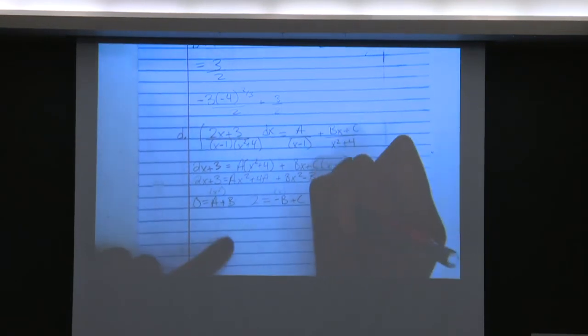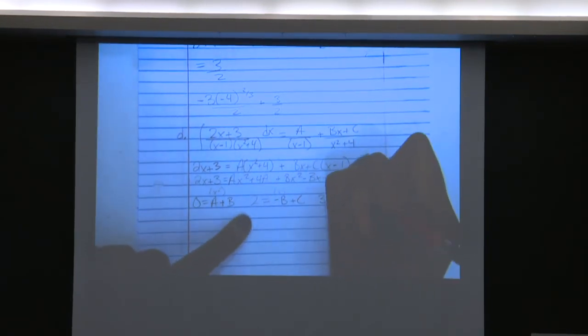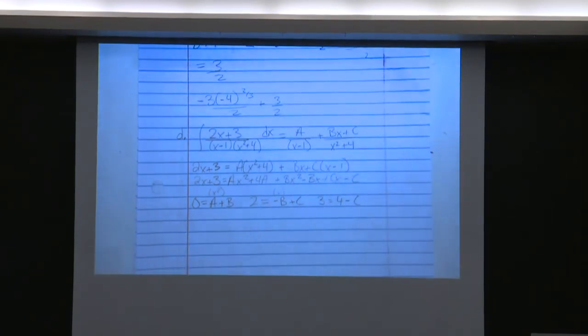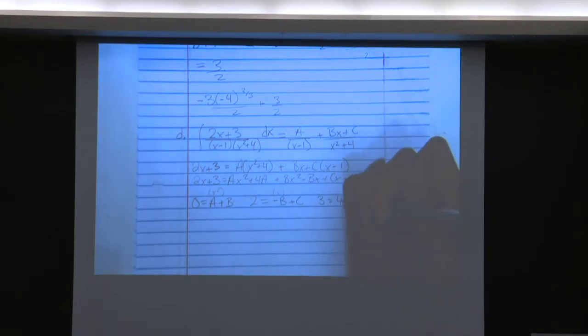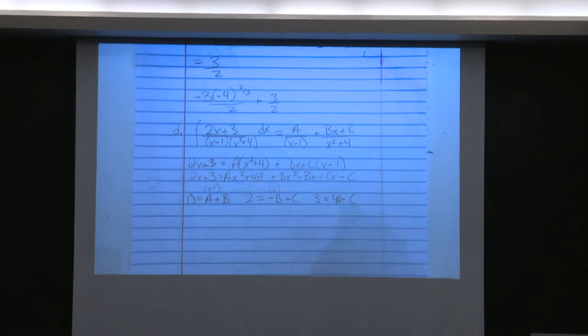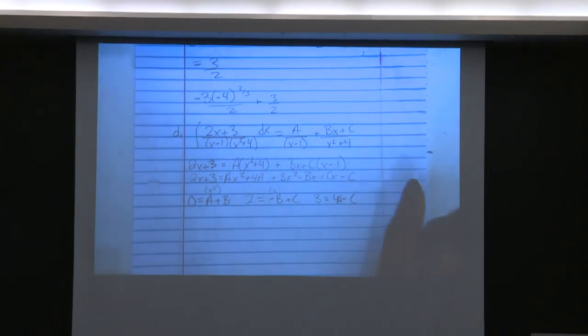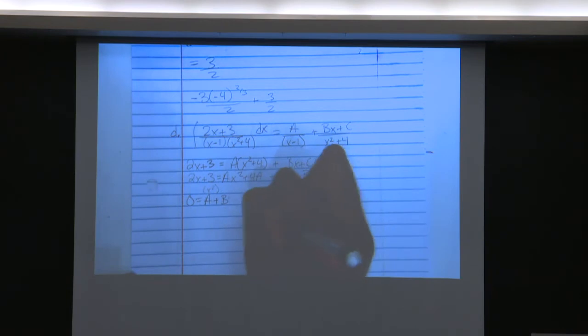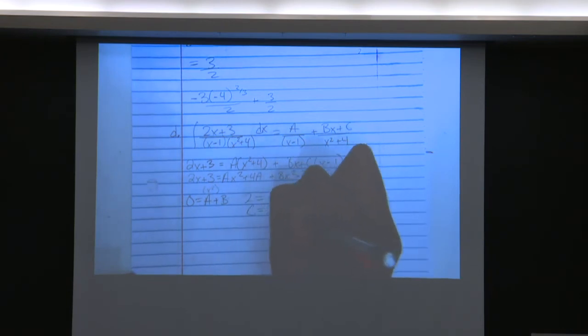And then I have 3 equals 4a minus c. Excuse me. It's clear on what I did. Okay, cool. So I can just go ahead and say c equals 2 plus b.